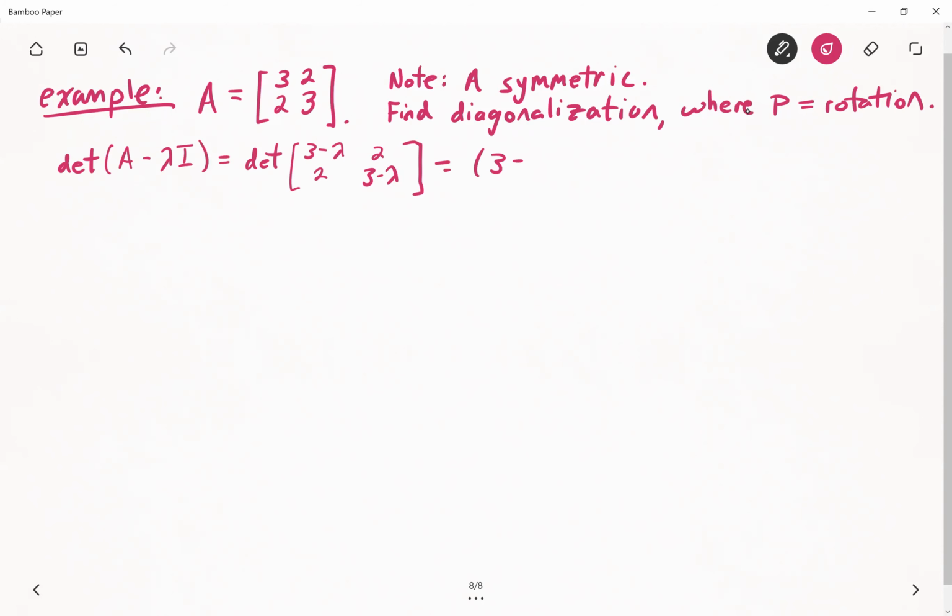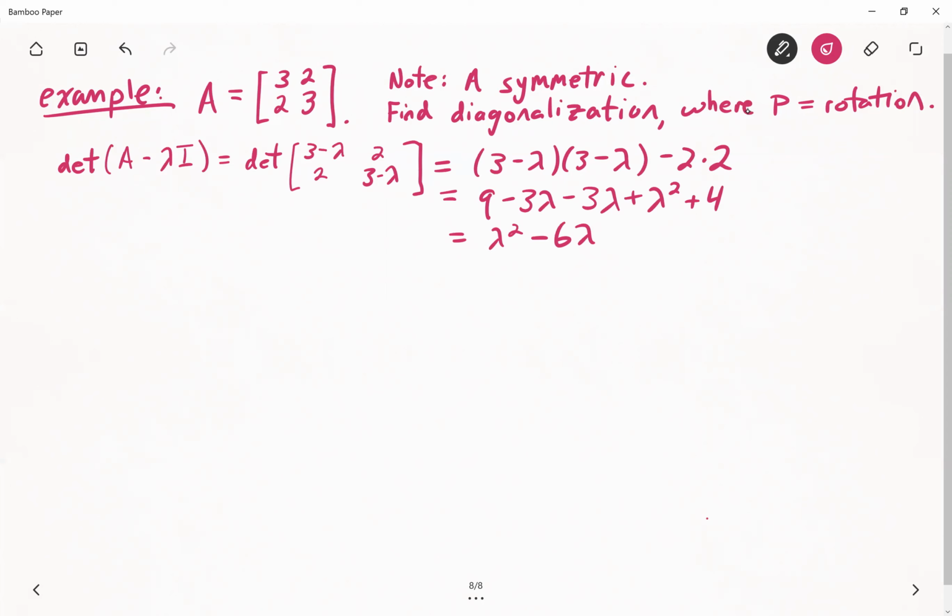That's quantity 3 minus lambda times 3 minus lambda minus 2 times 2. So that works out to be 9 minus 3 lambda minus another 3 lambda plus lambda squared plus 4. This becomes lambda squared minus 6 lambda.